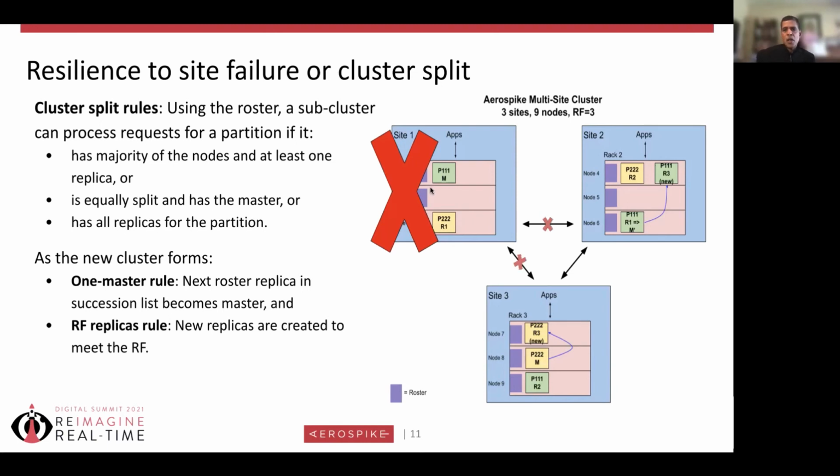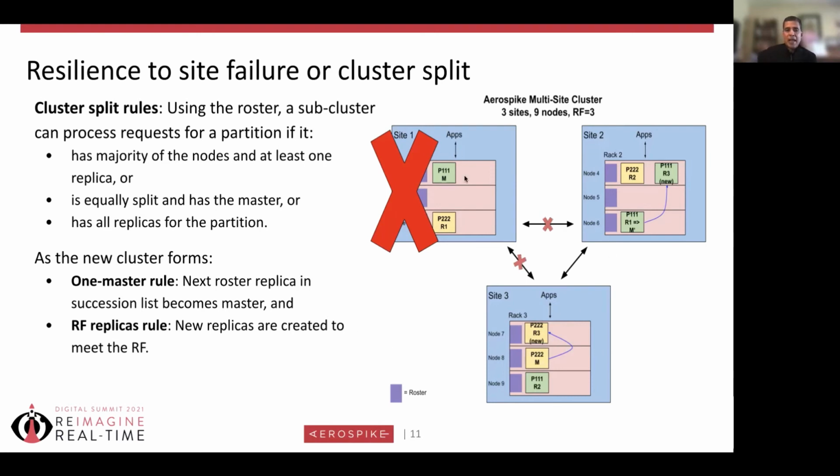Once the subclusters are decided and formed, basically a new cluster is formed with site 2 and site 3, then you need to assert the one master rule. So any master partitions that were in site 1, that ownership is transferred to appropriate replicas in site 2 and site 3.